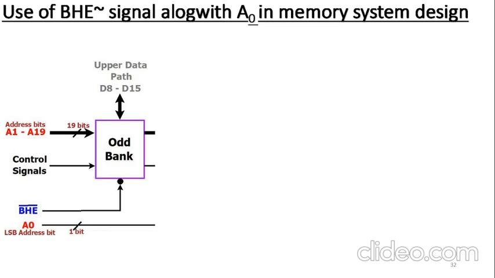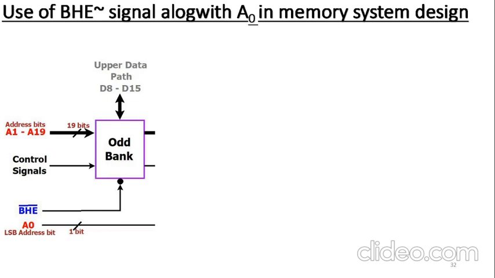It is 512 kilobyte, so the address lines after demultiplexing, A1 to A19, are connected here. 19 bits of address are connected here. Control signals are connected, like memory read and memory write. And you can observe that this odd bank is connected to the upper data path, that is D8 to D15. And this odd bank is enabled by using the BHE bar signal.